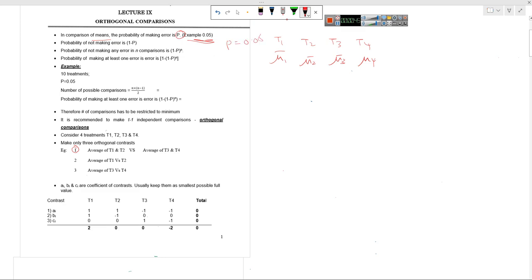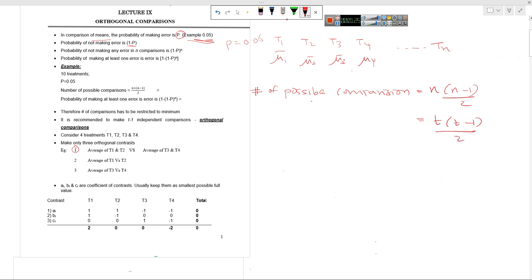So if the probability of making at least one error is p, the probability of not making error is 1 minus p. Now we have to find out the number of comparisons. The number of possible comparisons if we have n treatments is n into n minus 1 divided by 2, or if we have t number of treatments, t into t minus 1 by 2.